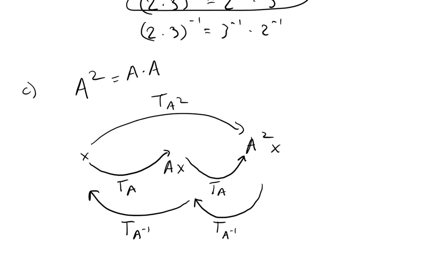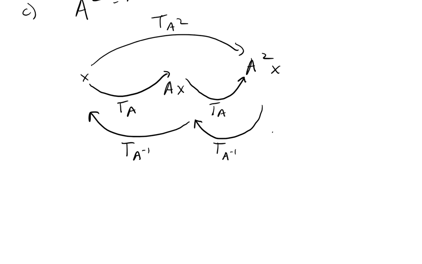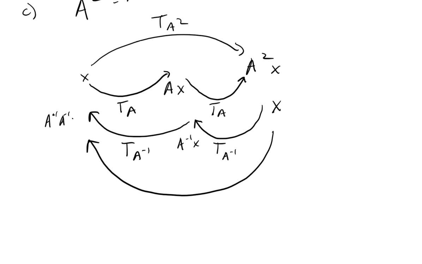So if you compose these two together to go backwards, what's going to be the standard matrix? If you start with vector x, you apply A inverse, you get A inverse x. You apply A inverse again, you get A inverse times A inverse x. So that's the standard matrix. It's A inverse times A inverse.